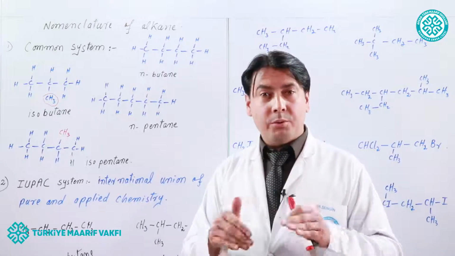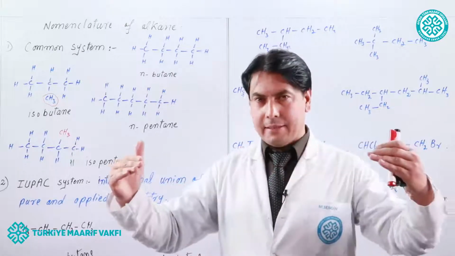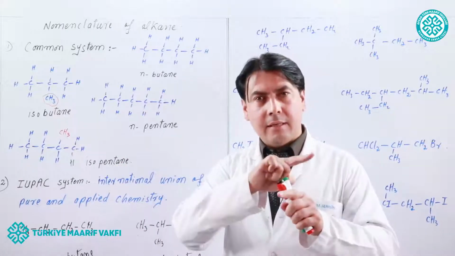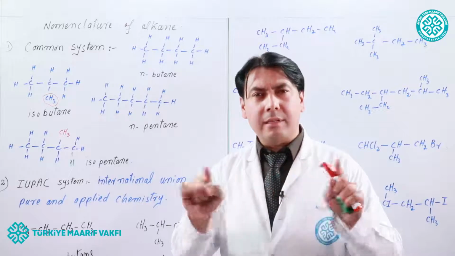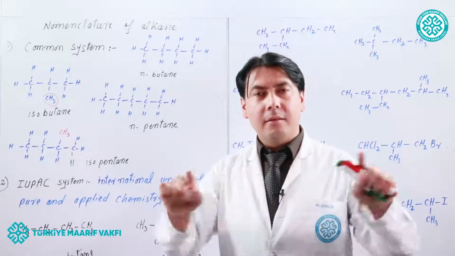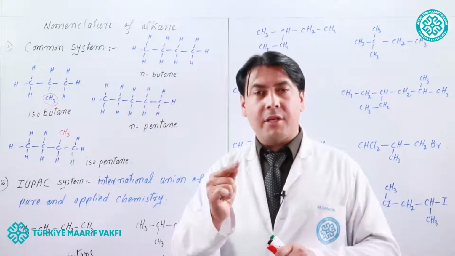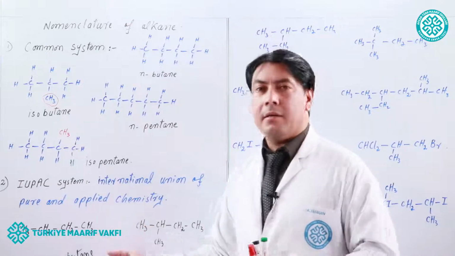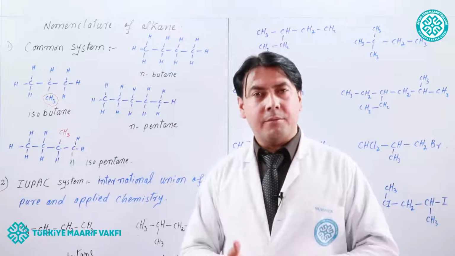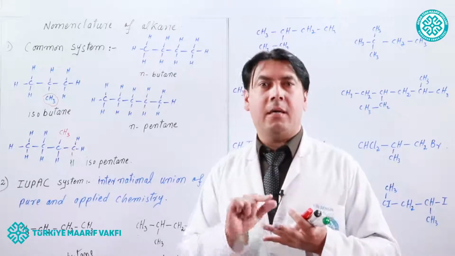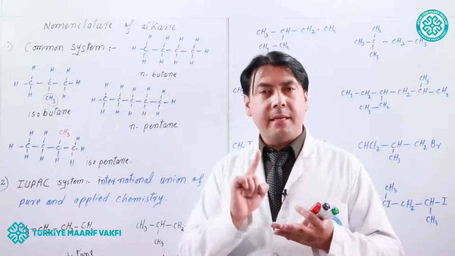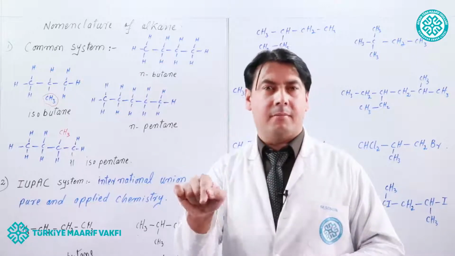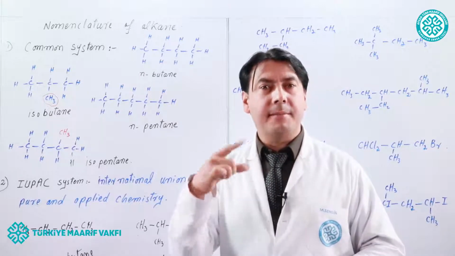And first we have to give priority to the straight chain. If there are 2 chains, one branched and another straight, we have to select the straight chain, and the straight chain will be the parent name of the alkane. If there are substituents, what is a substituent? If an atom or a group of atoms has replaced a hydrogen atom from an alkane, then this atom or group of atoms is called a substituent.